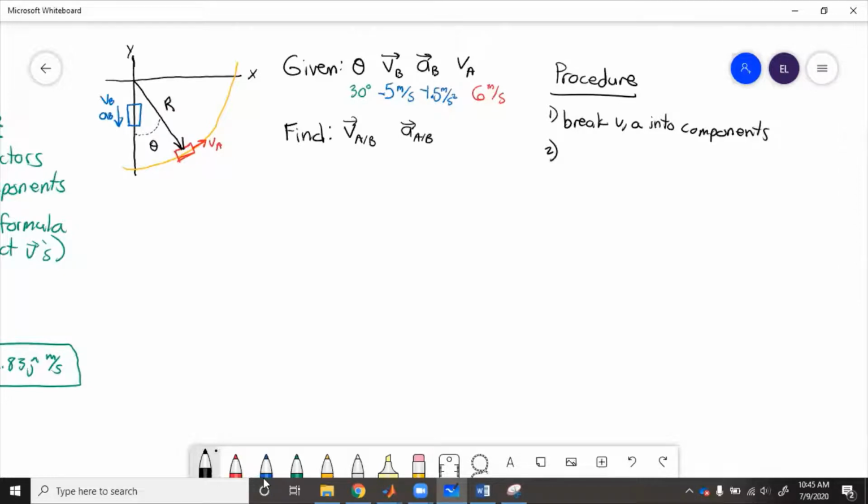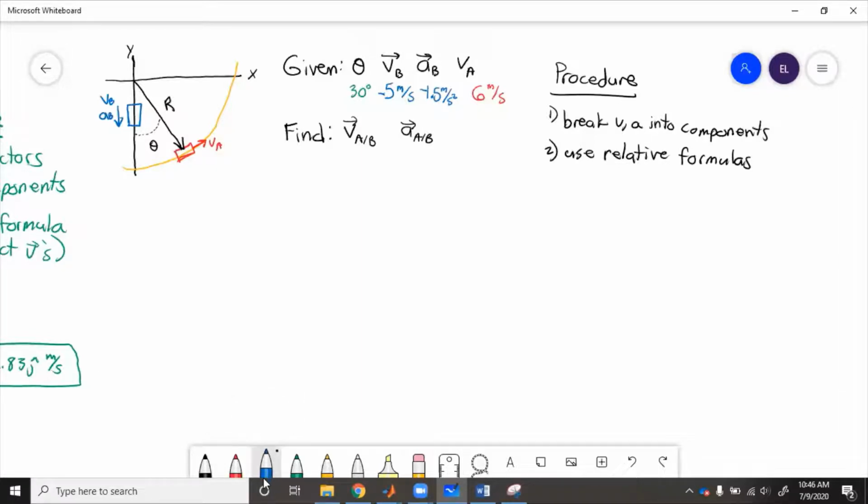Step 2, use relative formulas. Okay, so to break these into components, we need to write the vectors for each one.